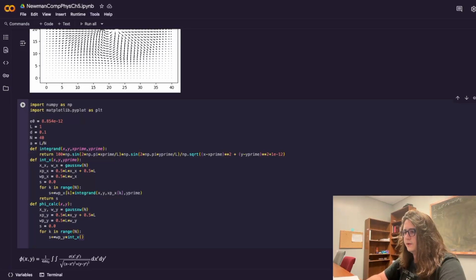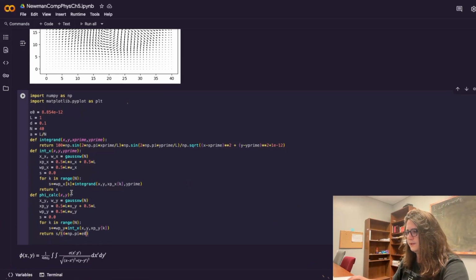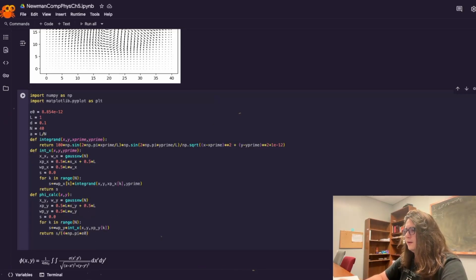And then we call x, y, and then for y prime we put in xp_y indexed k. After all that, we return the value of the integral, so s, but then also divided by 4 times pi times epsilon naught, in keeping with the prefactor.